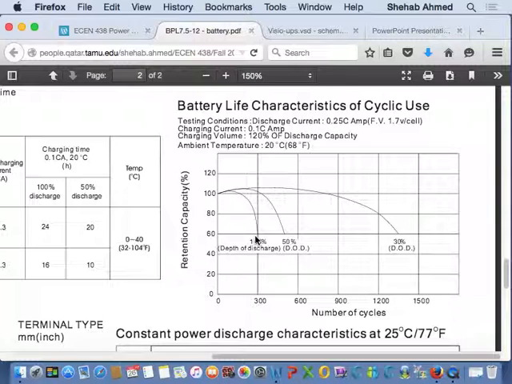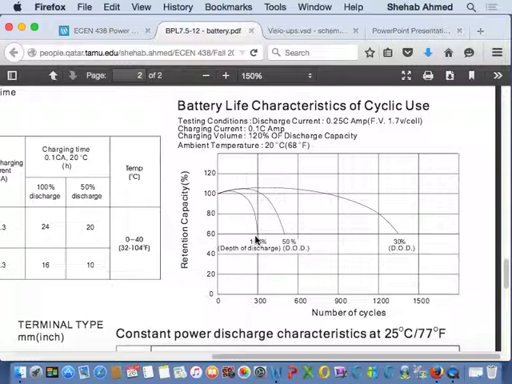So even though it's a 5 watt hour battery, meaning you think you can withdraw 5 watts for 1 hour, you will not be able to do that. You will only be able to withdraw 0.6 times 5 watts for an hour after 300 cycles of charge discharge.